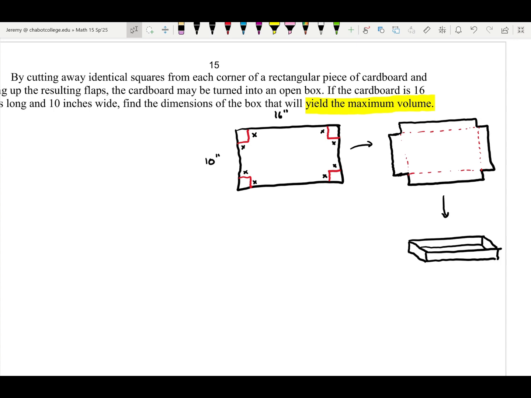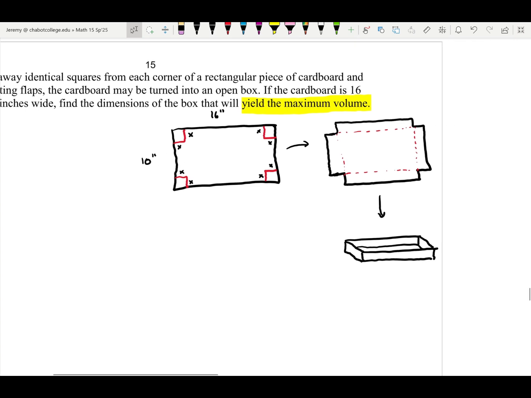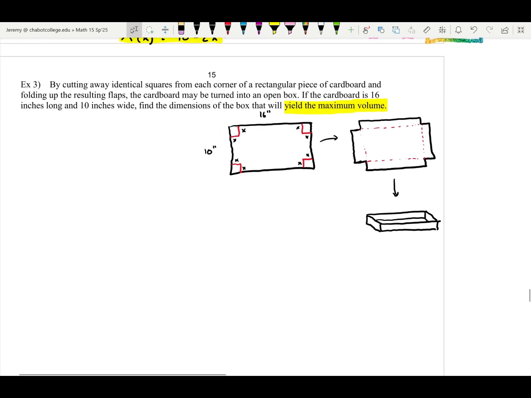We're trying to find that ultimately. But the question now is, the volume of this box, because we know our objective, I'll write it over here, our objective is going to be this volume function, which we can express in terms of x.